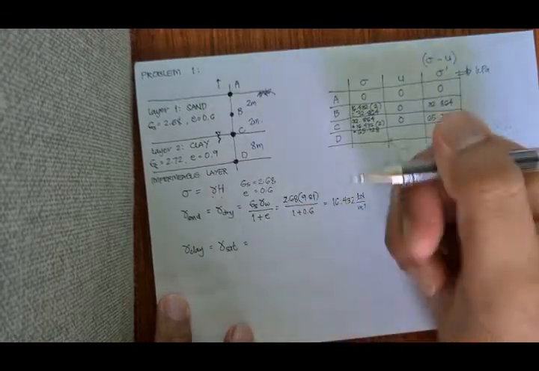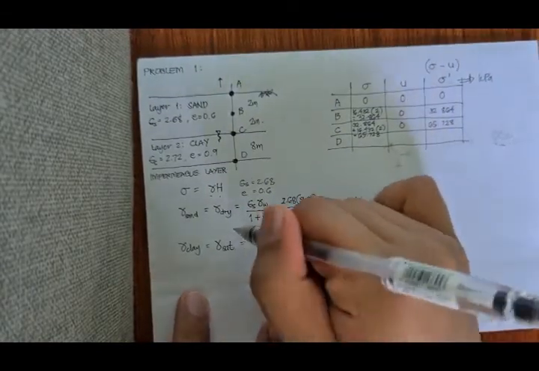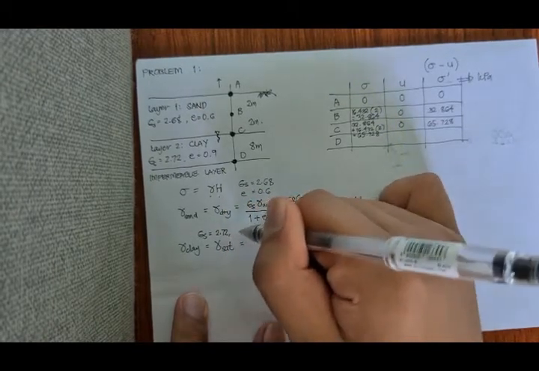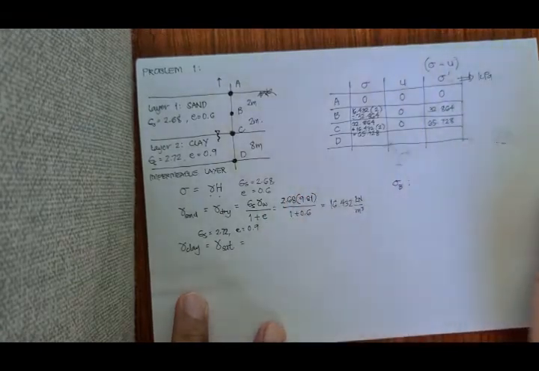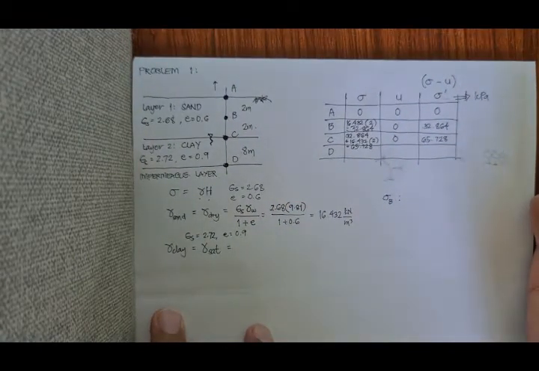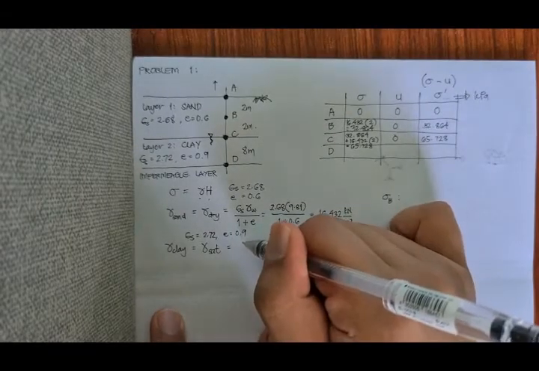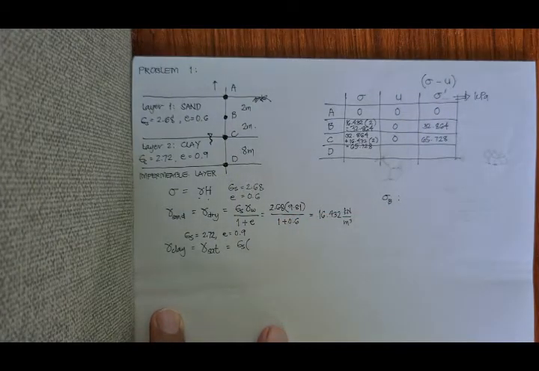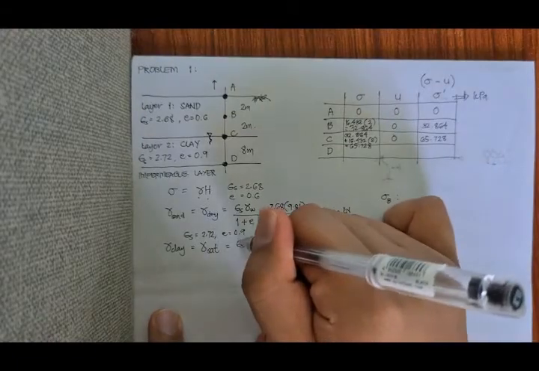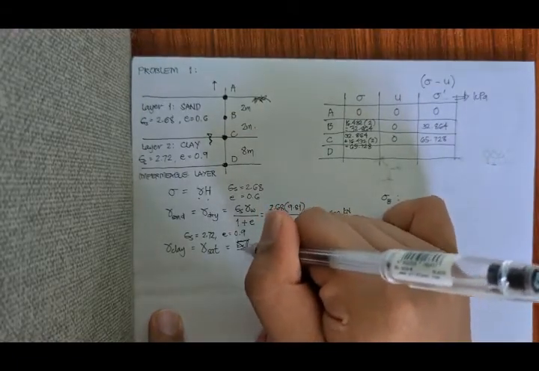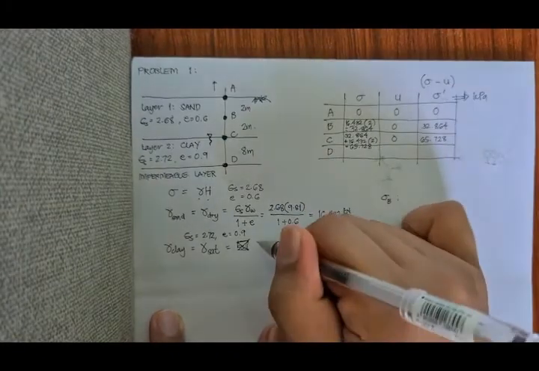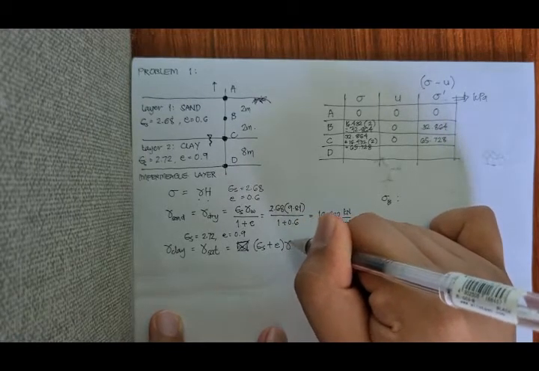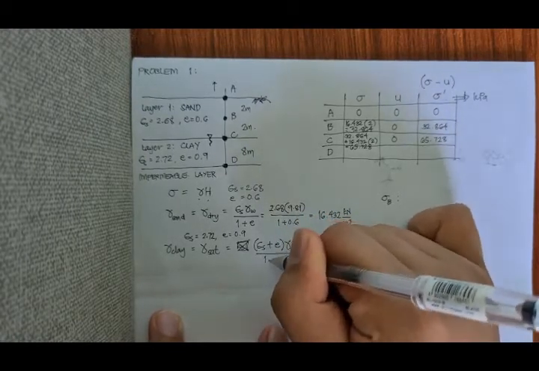saturated unit weight. Or, pwede nating sabihin na kung meron tayong present na specific gravity na equal to 2.72 and void ratio na equal to 0.9, we can say na yung saturated unit weight ay equal to Gs multiplied by... Okay, meron tayong specific gravity plus yung void ratio multiplied by the unit weight of water all over 1 plus e.